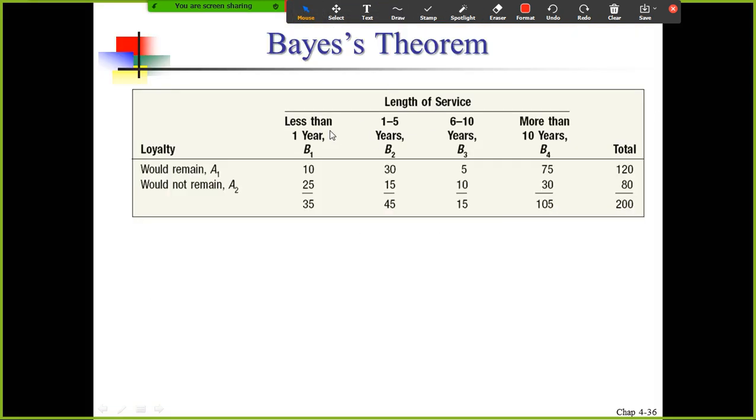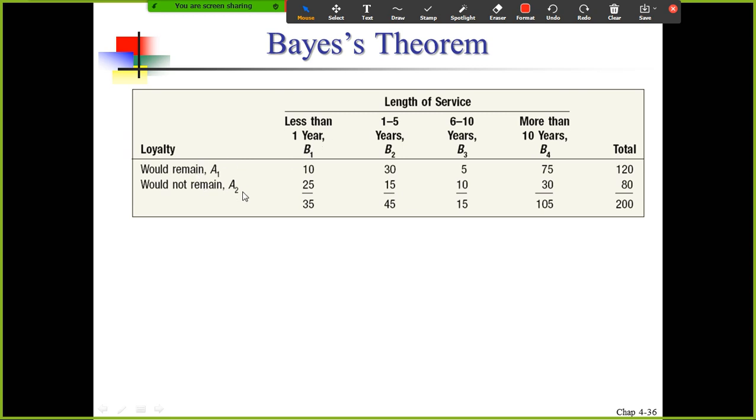In this case we have a table from the previous movie about asking 200 executives whether they remain with the company or move to new companies. And this is the length of service, that means working experience.